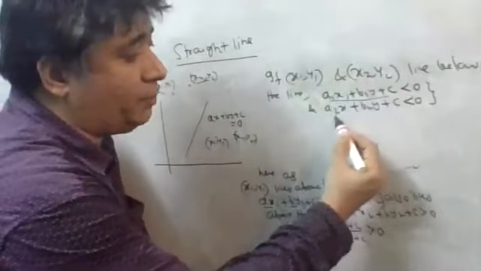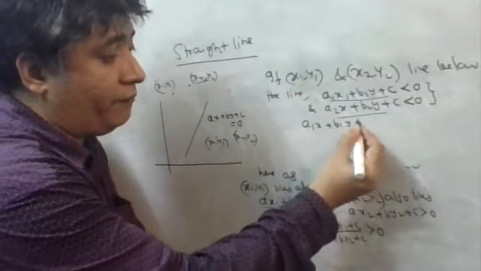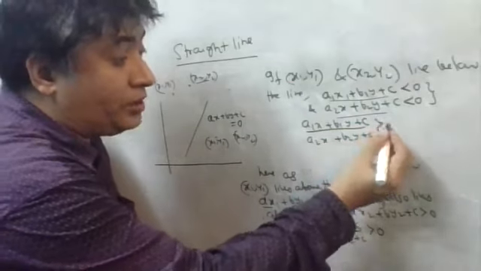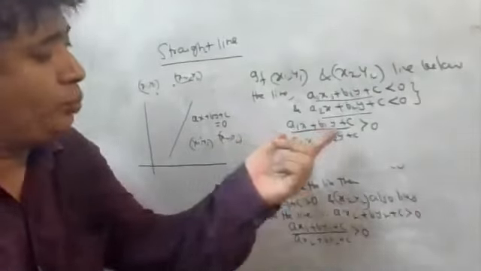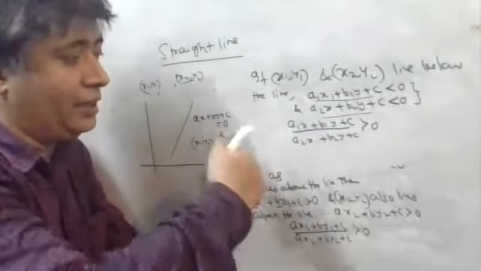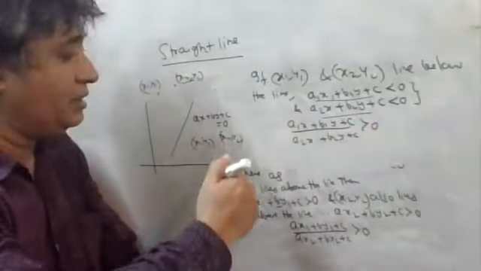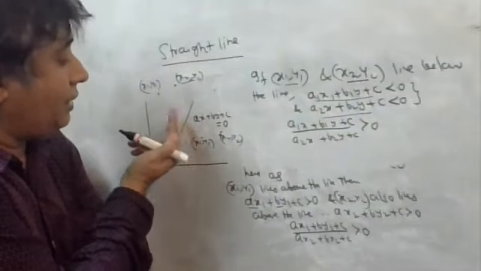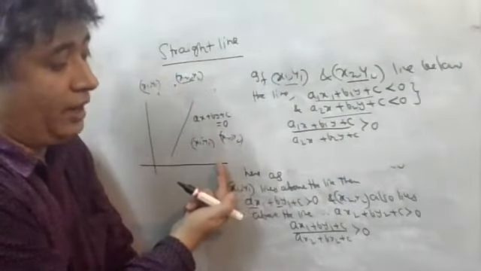So if I divide first by second or second by first, I will get what? Negative or positive? I will get positive. Negative by negative is positive. So by putting the given points in the line expression and finding the ratio, if I get greater than 0, it means both the points can lie either above the line or below the line.